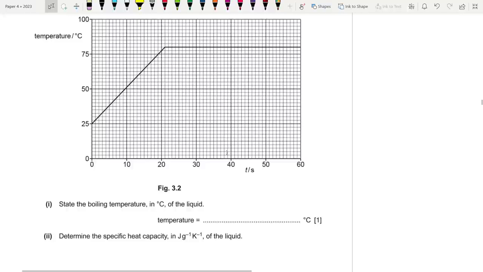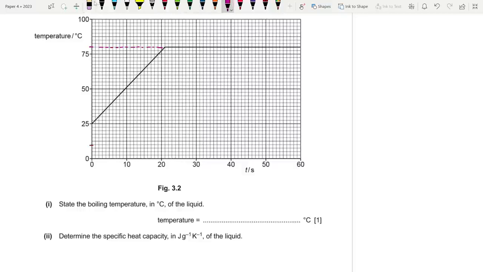State the boiling point of the liquid. So what is the boiling point of the liquid? The point where temperature, even if heat is applied, does not change because it is used up as latent heat. So how much is it actually? 10, 20, 30. Oh, it's not like that. So maybe 4 boxes are 10.